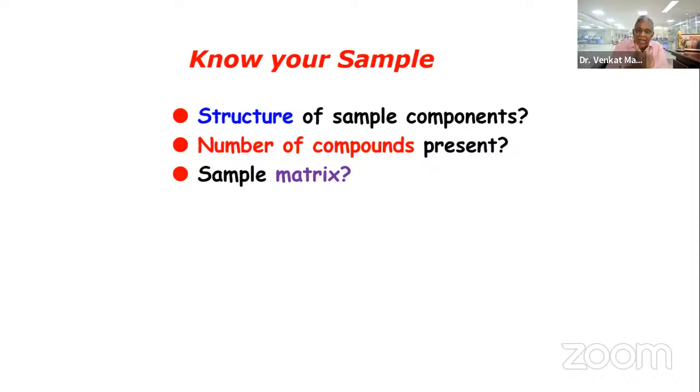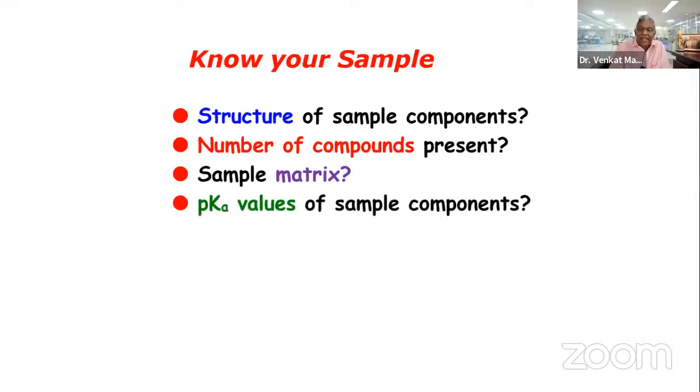You have to ensure that your sample is free from matrix. This is where sample preparation plays a very important role. Then I should also know, if possible, the pKa values of the sample components present. It determines what kind of mobile phase I can choose.